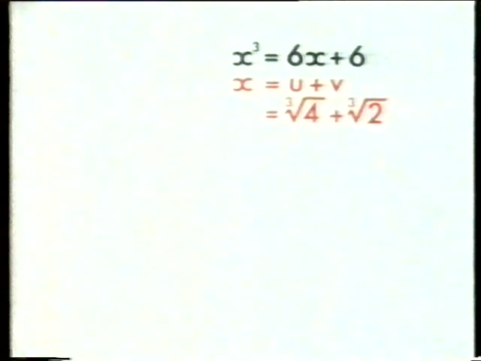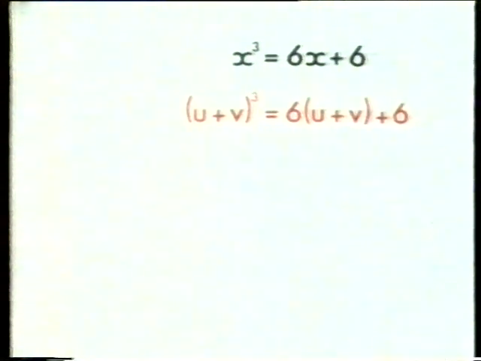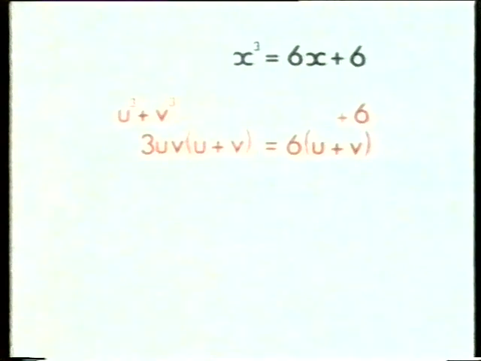But just how can the cubic equation in u plus v be reduced? Well, starting from (u plus v) cubed equal to 6 times (u plus v) plus 6, we expand the left-hand side to get u cubed plus v cubed plus 3uv times (u plus v) equal to 6 times (u plus v) plus 6. Now, if only we can remove the two terms next to the equality sign, we'll have one simple equation: u cubed plus v cubed equals 6.